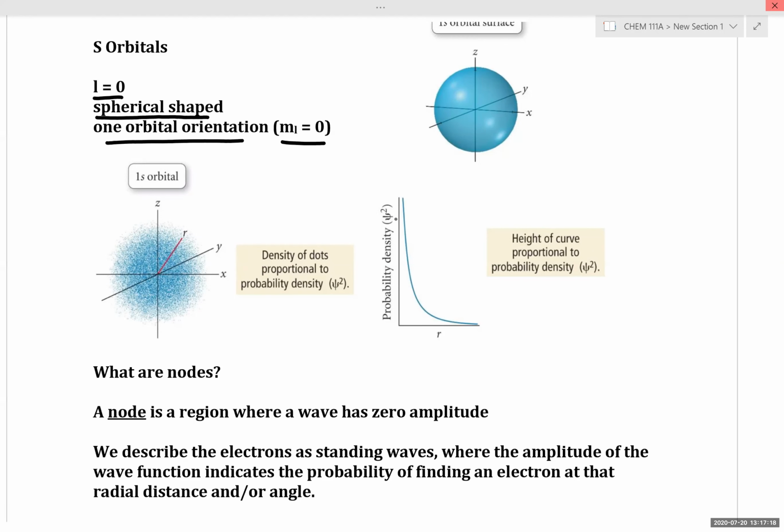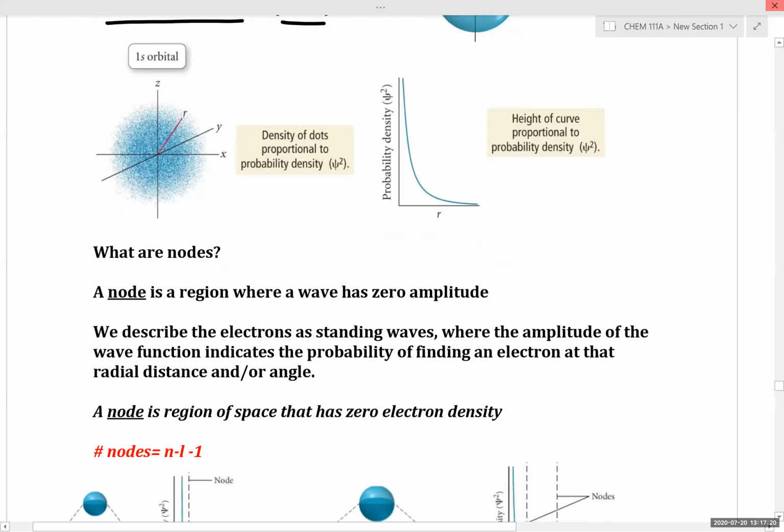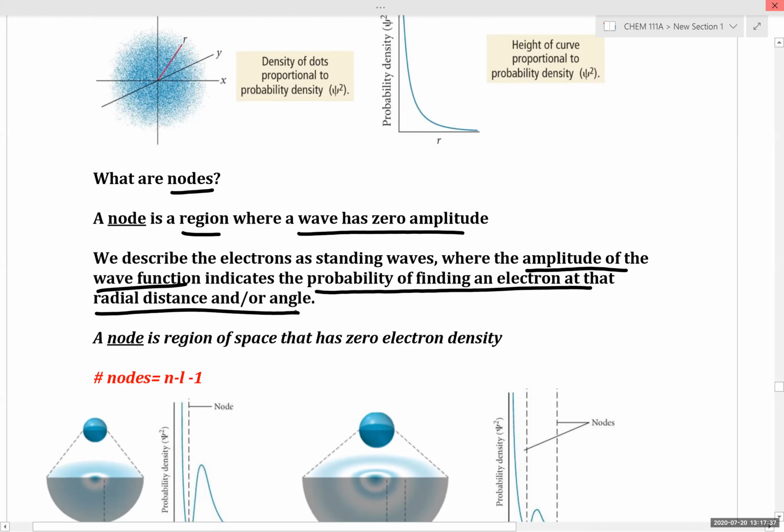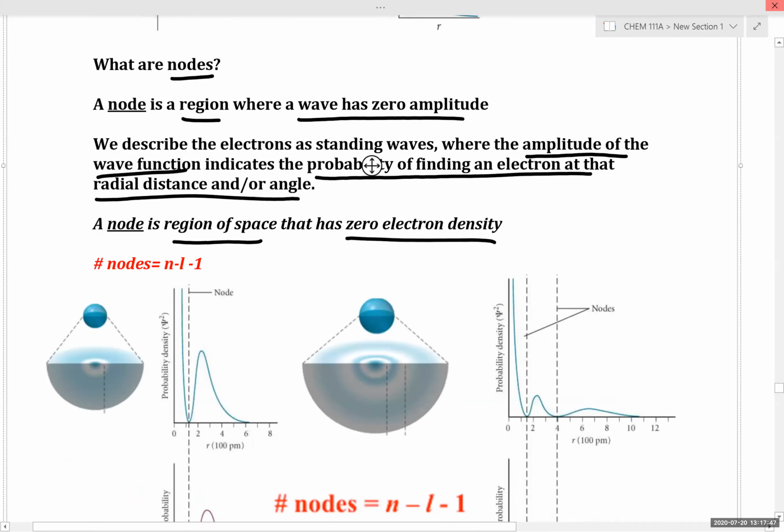Now here's a great time for us to revise and look over again this idea of nodes. Nodes are a region where a wave has 0 amplitude. The amplitude of our wave function is indicating the probability of finding an electron at that specific radial distance or angle. In other words, a node is a region of space that has 0 electron density.